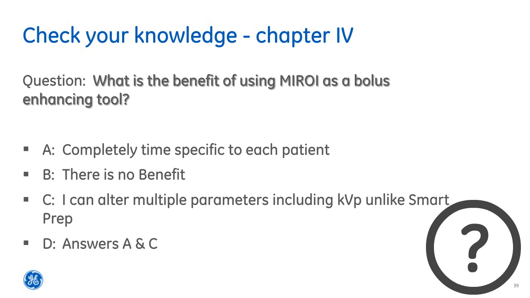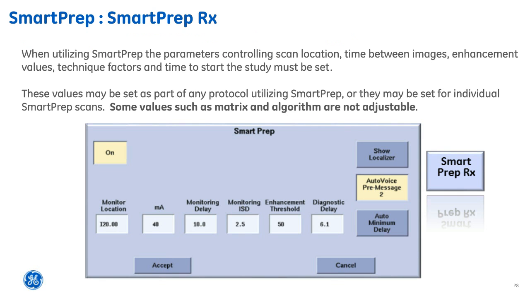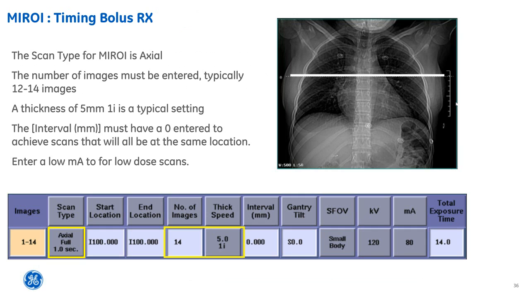The benefits are that it's completely time specific to each patient. So we find our enhancement delay, and then we go back to our slide, where we have the time of delay.